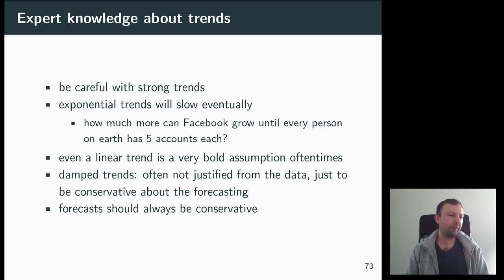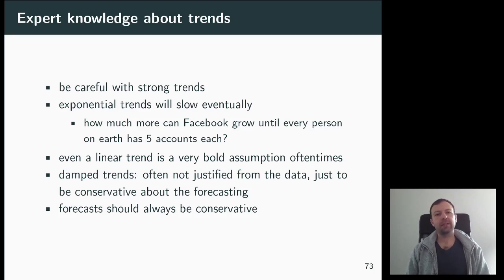A company like Facebook has definitely had exponential growth over many years, or Apple or other such companies. But it's not in the data, we know as expert knowledge that this trend will slow eventually, simply because there won't be enough people in the world anymore to get more Facebook accounts or to buy more Apple products, right? So exponential trends will always slow at some point.